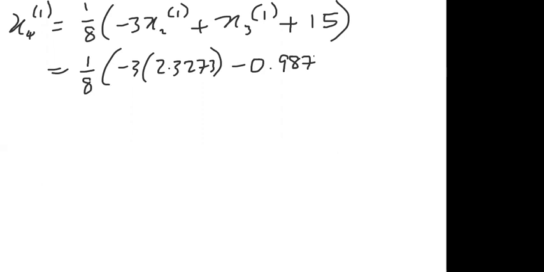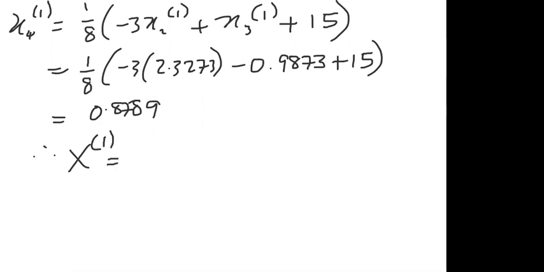So we substitute the values of x2 and x3: negative 3 times 2.3273, then plus x3, which is negative, 0.9873. Then plus the constant, which is 15. If we evaluate this, we get 0.88789.